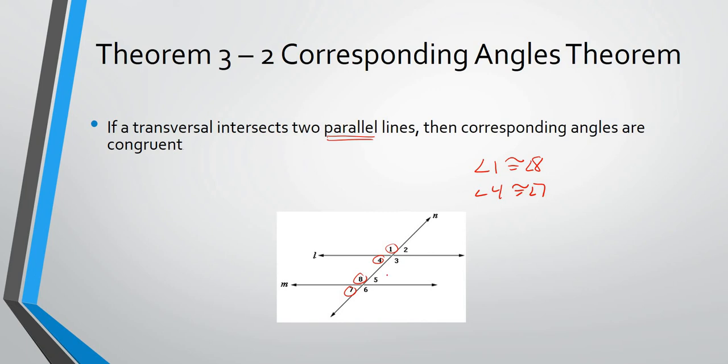See if you can do the ones on the other side. Okay, corresponding angles have to be on the same side. So on the other side, it would be angle 2 is congruent to angle 5, and angle 3 is congruent to angle 6. Those are your 4 pairs of corresponding angles.